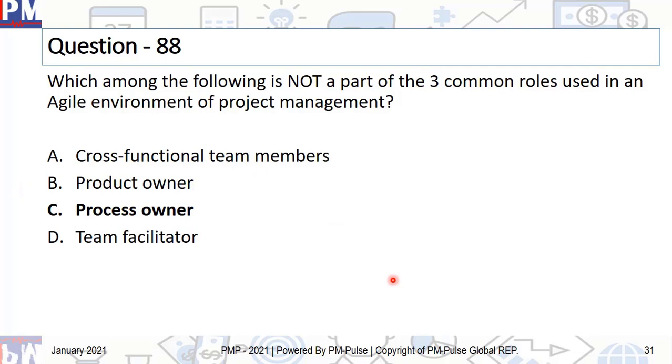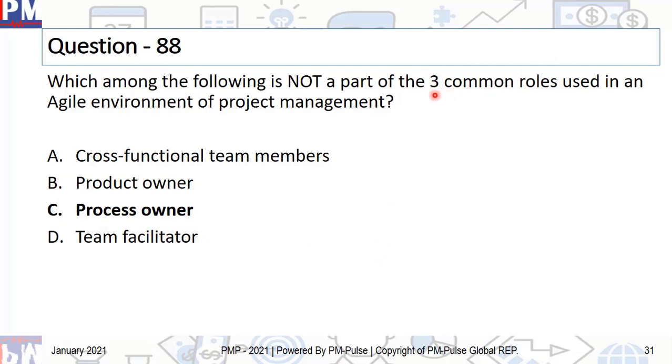Team facilitator, team member, you have those kind of roles. Then you have product owner, you have the team, what I call the Agile team leader, Scrum Master. You have those. Cross-functional team, of course, you have them. But the one that doesn't show up as one of the roles in an Agile team is process owner.